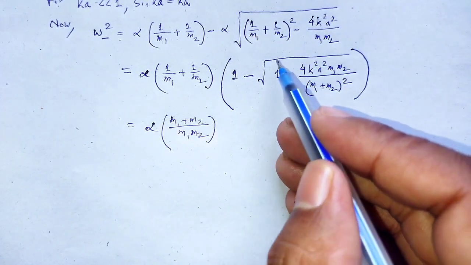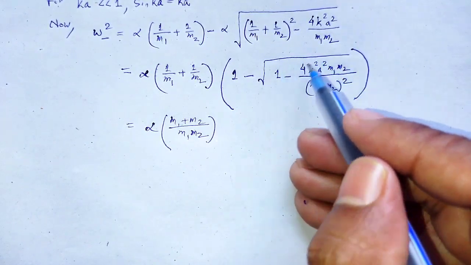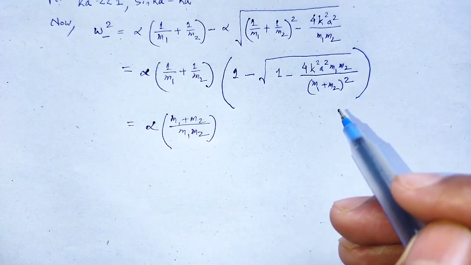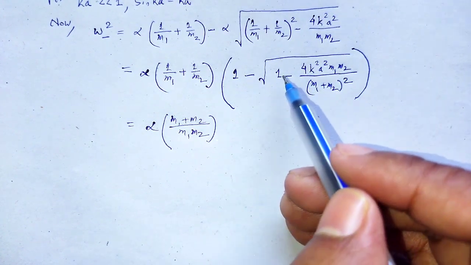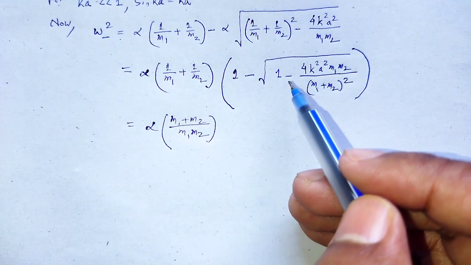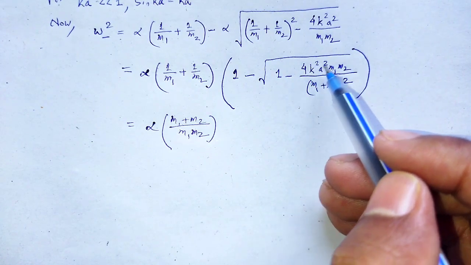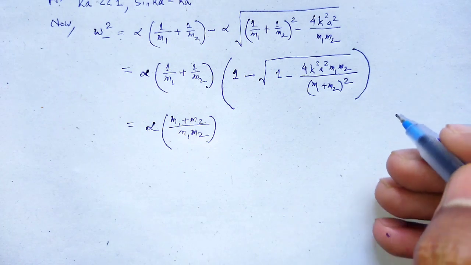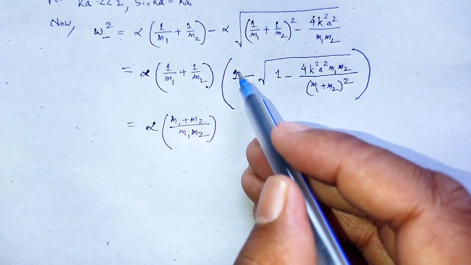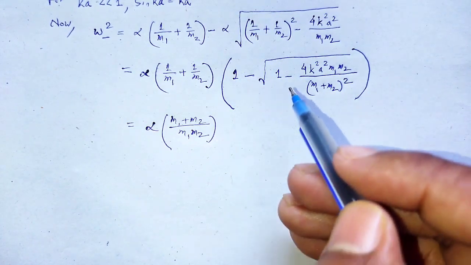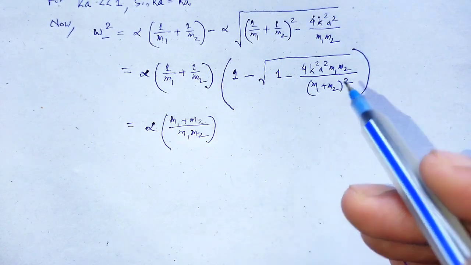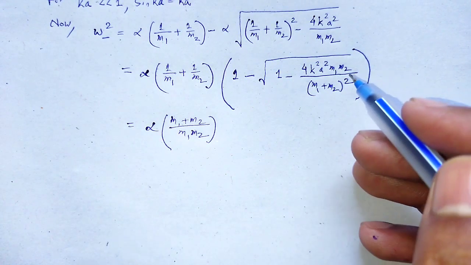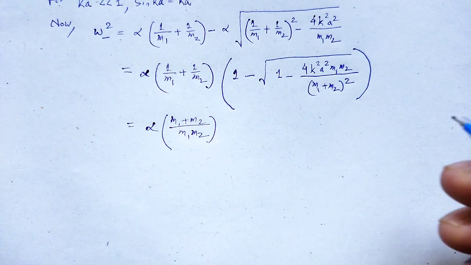When we evaluate binomially that under-root term, that evaluation gives 1 plus next terms, so 1 minus 1, the 1 cancelled out, and the other terms exist, so the higher terms we neglect.